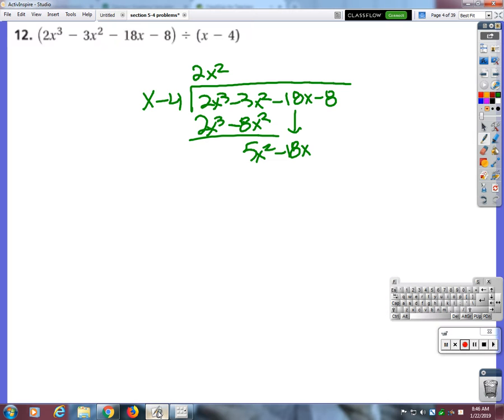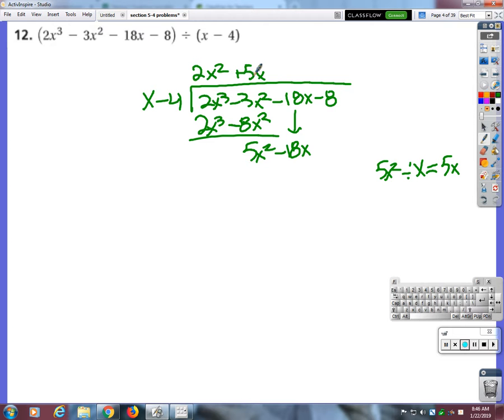Joe? First term here, 5x squared divided by first term here, x, is what? 5x, yeah, because this x cancels one of those and makes it, instead of 5x squared, just plain old 5x, okay?